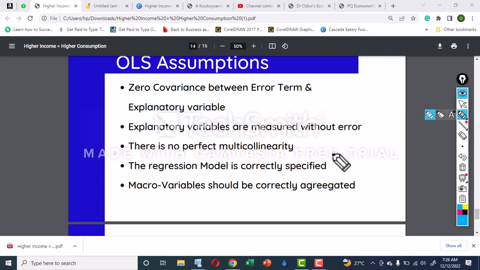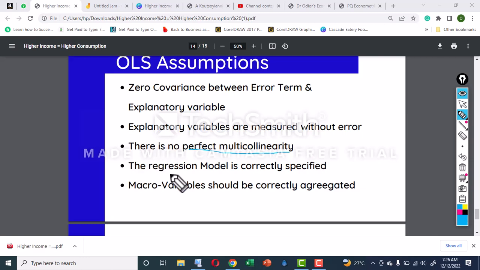One explanatory variable should not be perfectly explaining another. There can be a relationship, because it is almost impossible for us to say there shouldn't be a relationship between two explanatory variables. The two explanatory variables might still work hand in hand, but the relationship should not be perfect. That's multicollinearity. There should be a relationship, but it shouldn't be perfect.